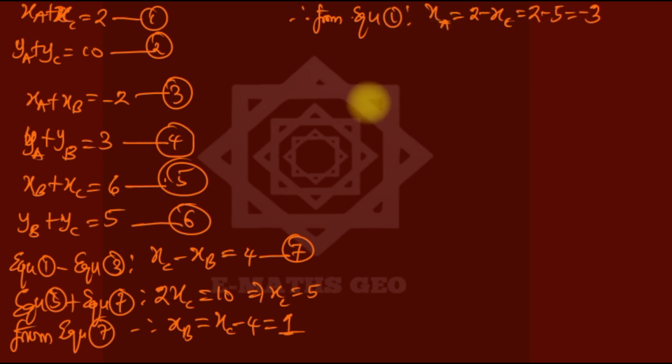So we've gotten the x coordinates of each of the vertices. So let's get the y. Again, we can eliminate. Let's check. Okay, I can eliminate YA.